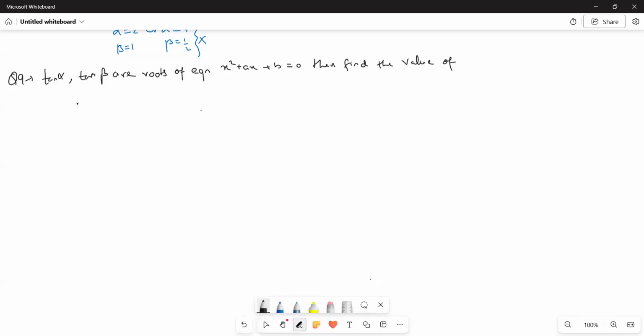If tan alpha and tan beta are the roots of the equation, क्योंकि a and b यहाँ पे equation में है, so alpha beta कर दो. Tan alpha, tan beta are the roots of the equation x square plus ax plus b equal to 0.